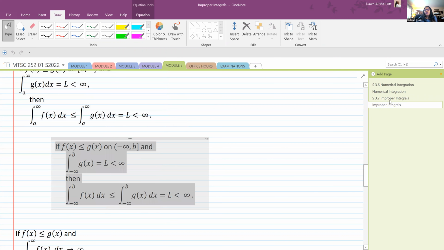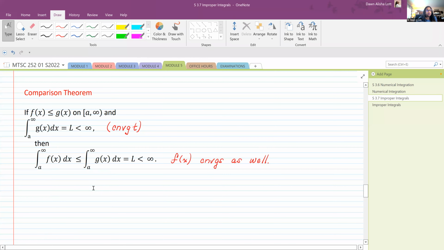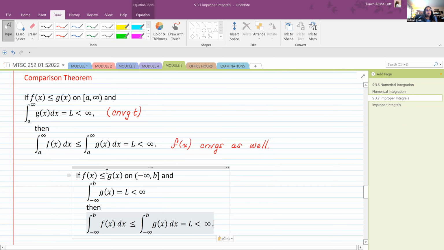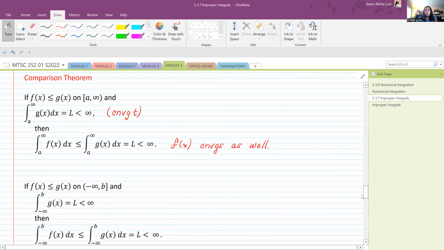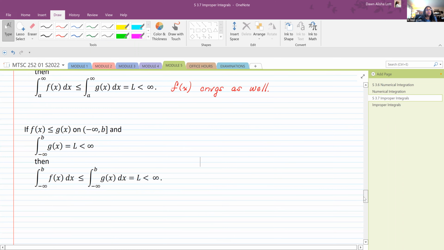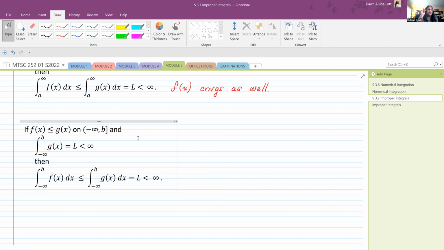So here it is written for the bottom. Okay, so if f of x is less than g of x, this time we're on the interval minus infinity to some b. And the integral from minus infinity to b of g of x is equal to L, so this thing is convergent.